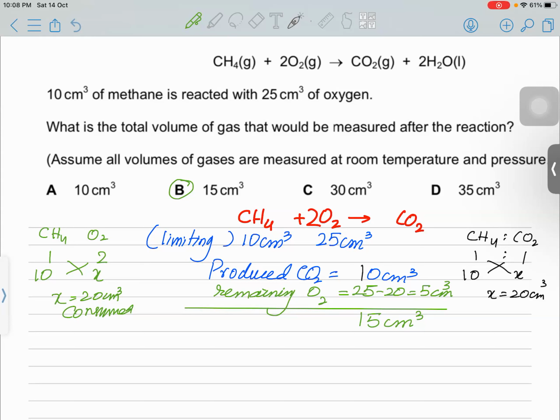The volume of CO2 we got was 10, so 10 plus 5. How will we get the volume of O2 after the reaction? By comparing CH4 and O2, you know that the given volume of oxygen is 25. The consumed is 20, so the leftover is 5.